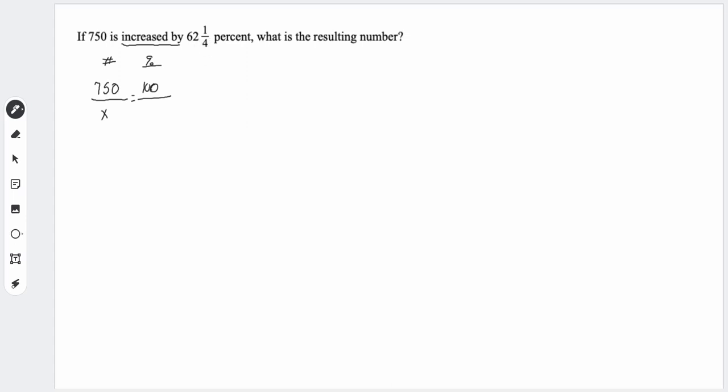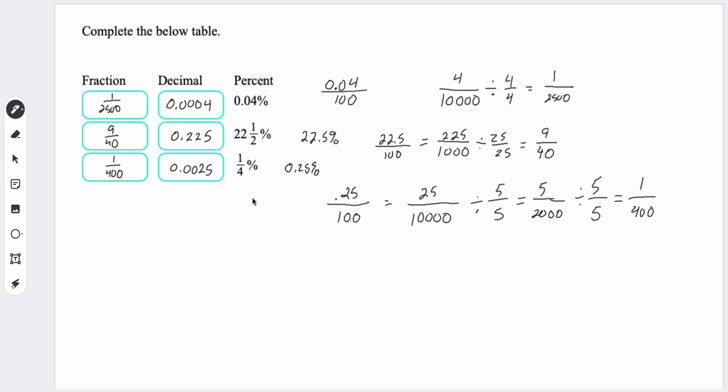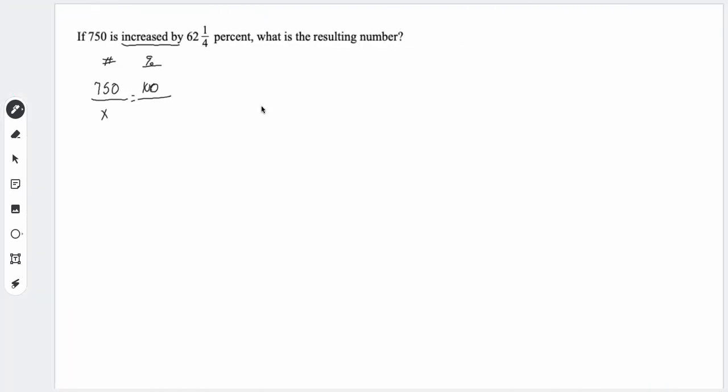Well, in the previous problem, we found that a quarter was 0.25. So this is going to be 62.25% when we turn this into a decimal. So if it's increased by that much, then it's added to that much. So we have to add this to 100%, which gives us 162.25%.